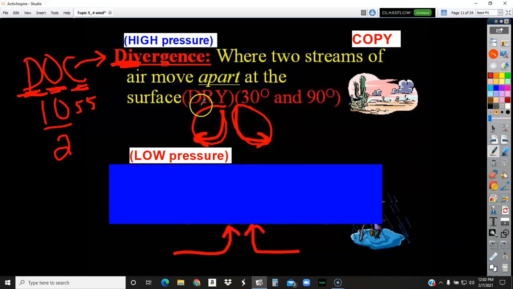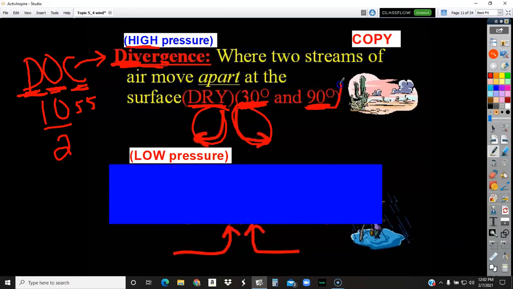And so when you have divergent air, a high pressure, remember high rhymes with dry, you're going to have certain latitudes on Earth in particular that are going to be your drier climates. Those are the 30s and the 90s. So 30 degrees north and 30 degrees south, and 90 north, 90 south.